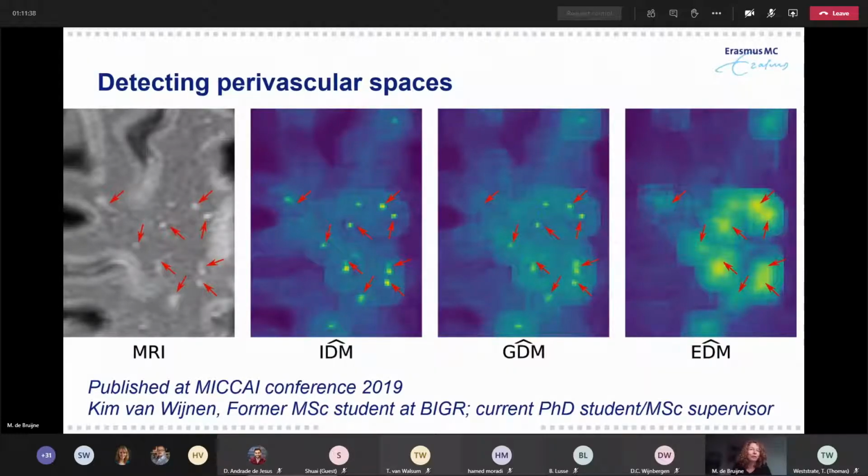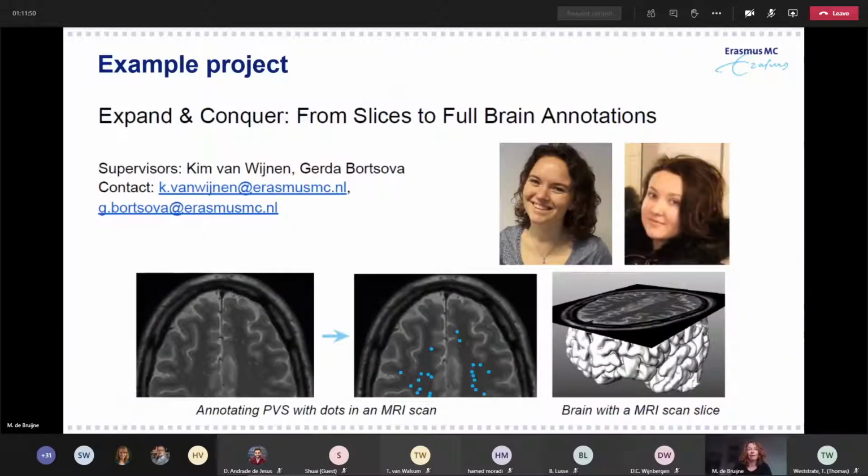The task here was to detect and quantify perivascular spaces, which are very small, bright lesions in these brain MRI scans. And that is also one of the topics proposed today. We want to take the approach that Kim developed a while ago as a master's thesis student in our group. She's now a PhD student supervising new master students. And we want to take the two-dimensional approach that she made and extend it to be able to analyze full brain scans, full three-dimensional brain scans. And we have lots of data available to train models for that.